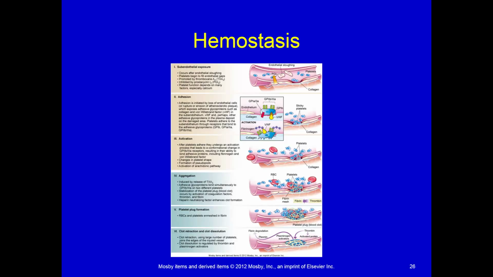So what happens under 6, clot retraction and clot dissolution, is you'll start to see the sides of the vessel wall get pulled together by this clot formation so that the edges start to meet each other. So not only do we have the clot starting to dissolve and retract, but we're also seeing healing and closure of that endothelial wall.